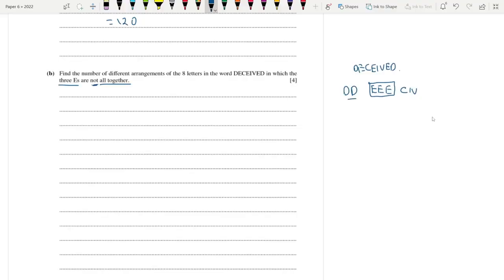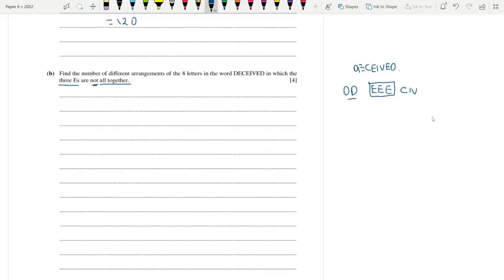The D's don't need to be adjacent to each other, but they're asking about those specific scenarios where the 3 E's are not all together. It's different from the E's being next to each other. That's a different scenario. We do not have that in this paper.